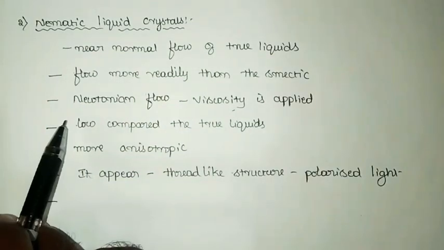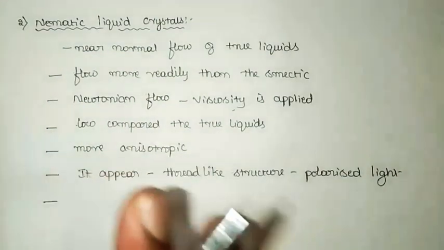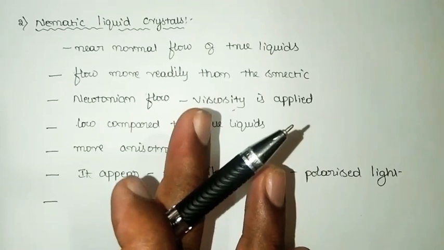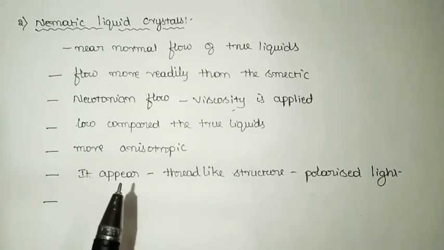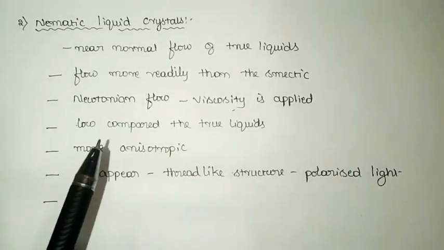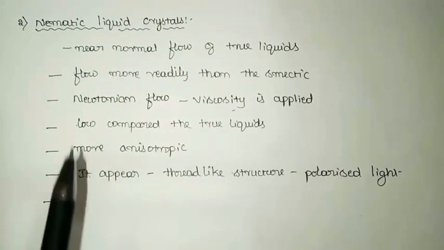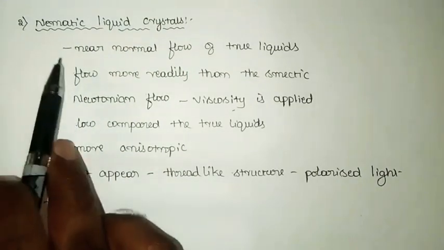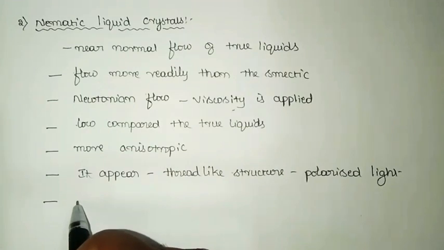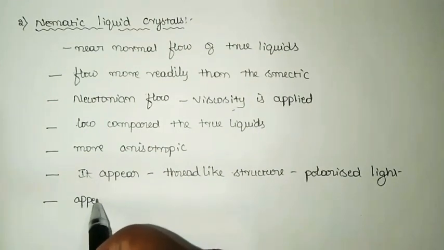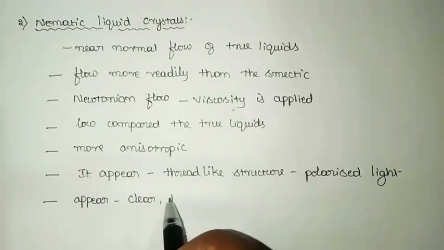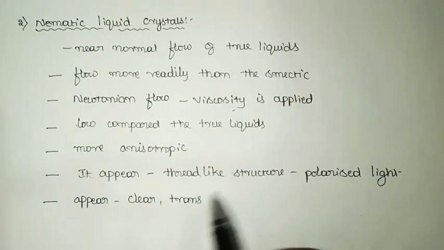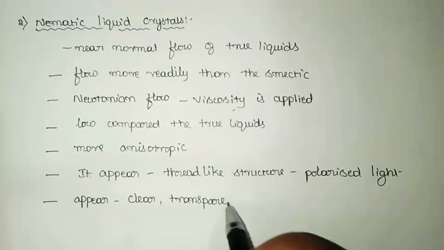But in the case of nematic liquid crystal, when you apply the external magnetic field, the nematic phase will be aligned in the direction of magnetic lines of force of the external magnetic field. And because of this, in presence of the magnetic field, the nematic liquid crystal appears very clear and transparent.